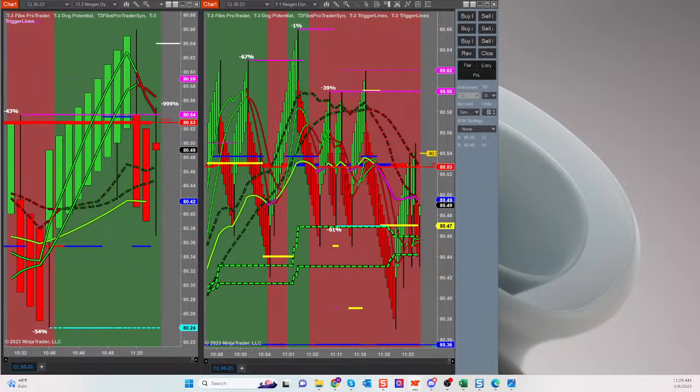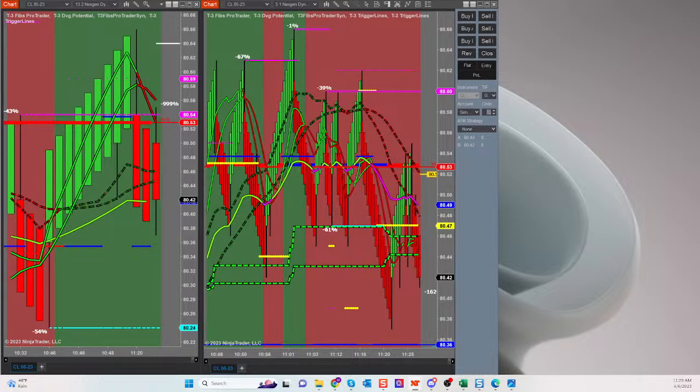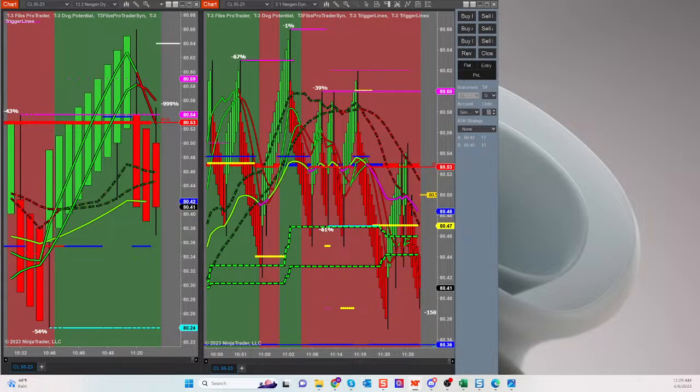So I built an 8-range chart. Whoops. No, I didn't. I built a 13-range chart. Let me turn that into an 8-range chart. Almost there. Sorry, I'm doing this off screen.